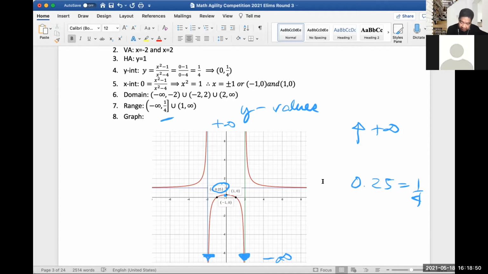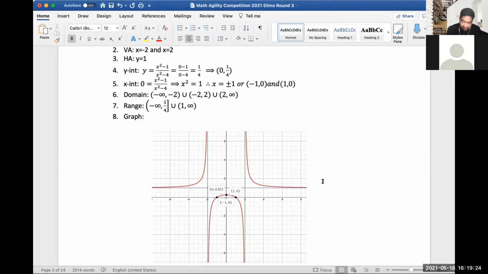This line here is our horizontal asymptote, y equals 1. The curve would not touch this horizontal line, so again we use a parenthesis instead of a bracket. That's 1 and moves toward positive infinity. So that's the other part of the interval of the range: 1 comma infinity.